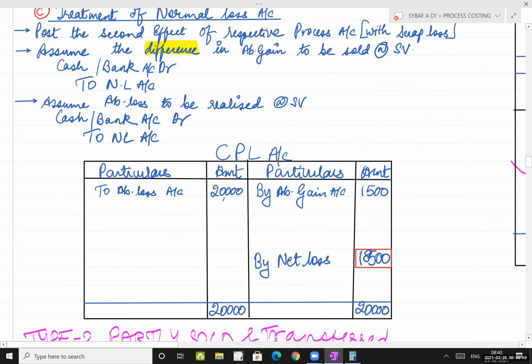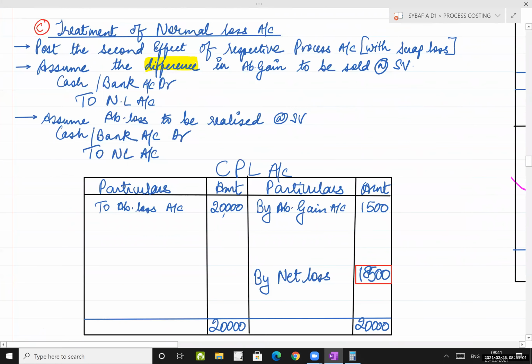Then last का CPL. Okay, note this down. Write down treatment of normal loss. Post the second effect in respective process account, obviously with scrap loss. Assume the difference in abnormal gain to be sold at scrap value.